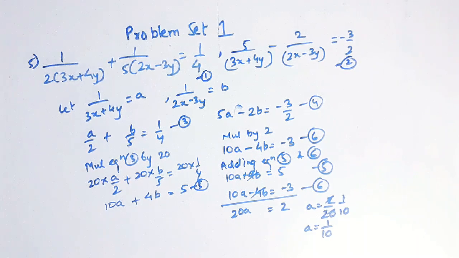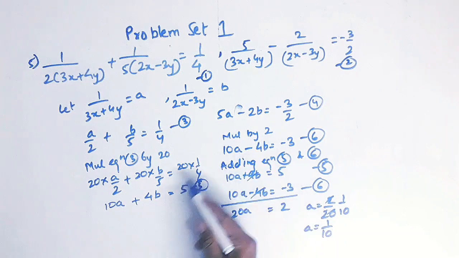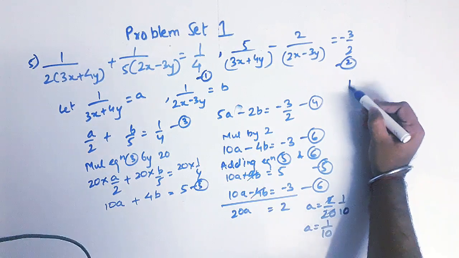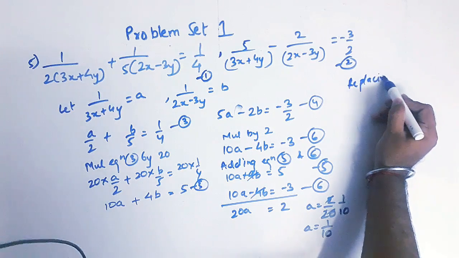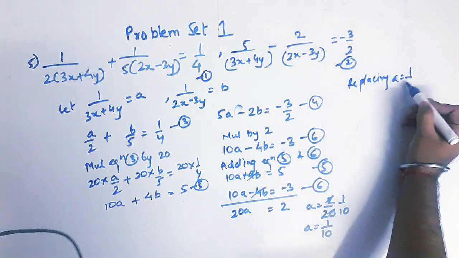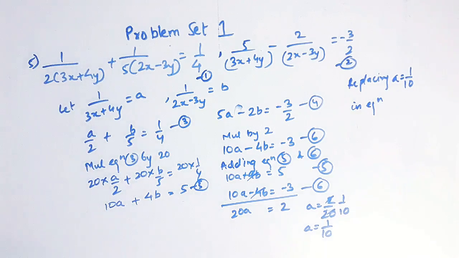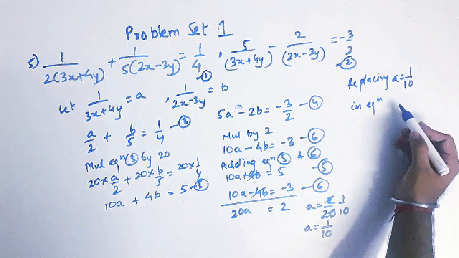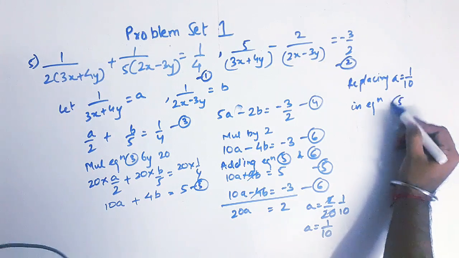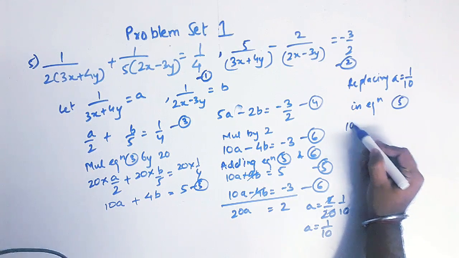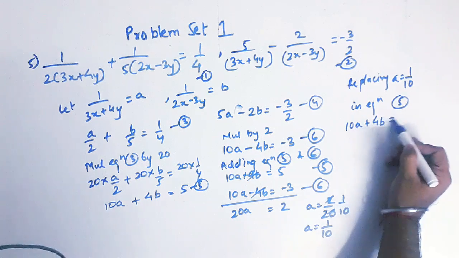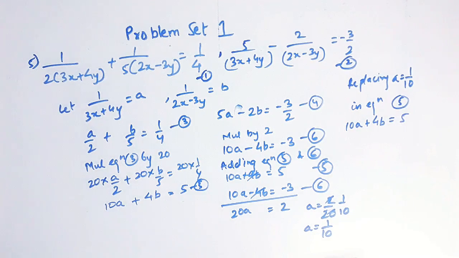This will help us in finding b. So we will replace this in an equation. Which equation is easy? Replacing a equals 1 by 10 in equation 5, 10a plus 4b equals 5. You can take any equation, students.